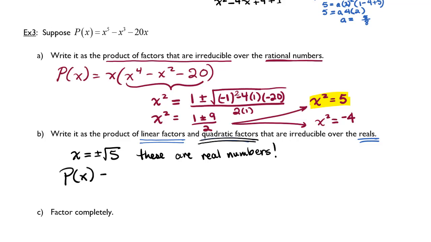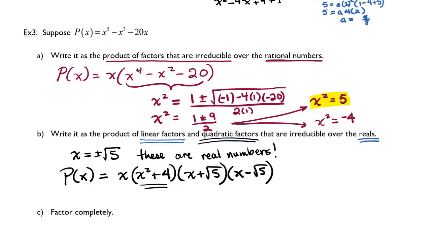So now I have p of x is equal to x times x squared plus 4, because that's my imaginary or complex roots, times x plus root 5 times x minus root 5.